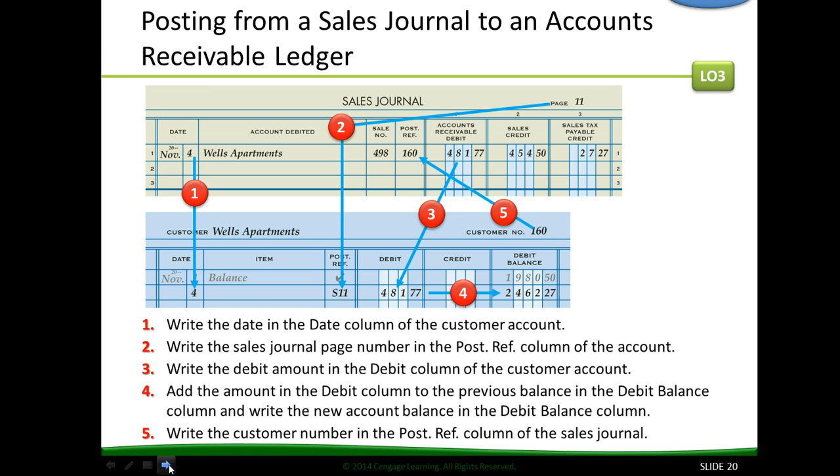Then we also have to refer back and put the customer number as the post reference number in the sales journal. That way, if we're looking at the sales journal and it says post reference number 160, we know that we can go to that account and there it will be. It's just another check system.